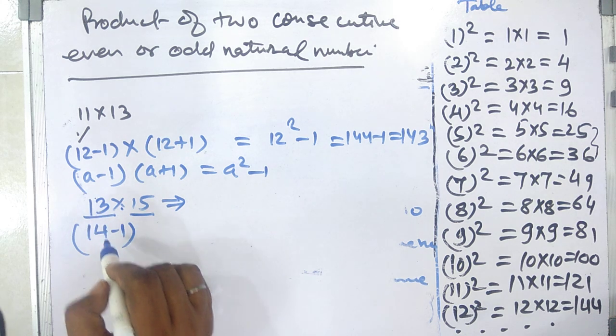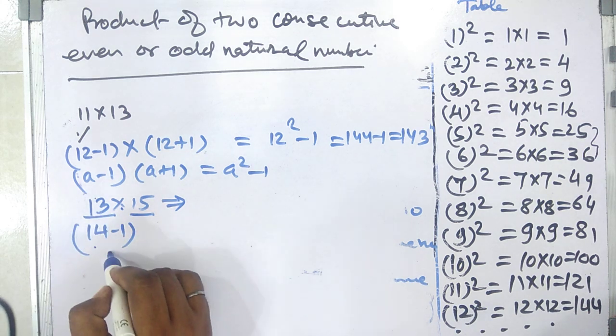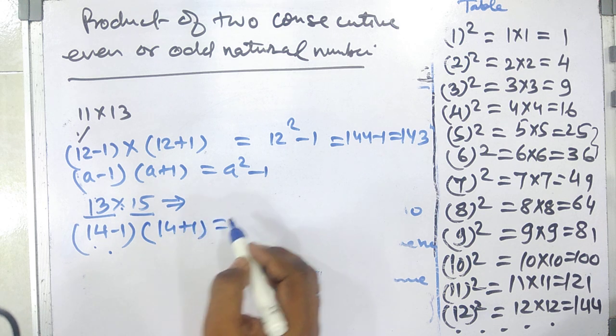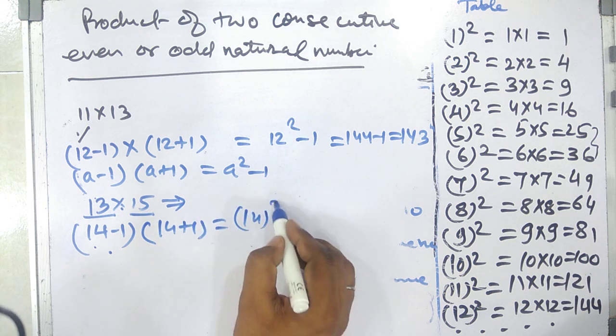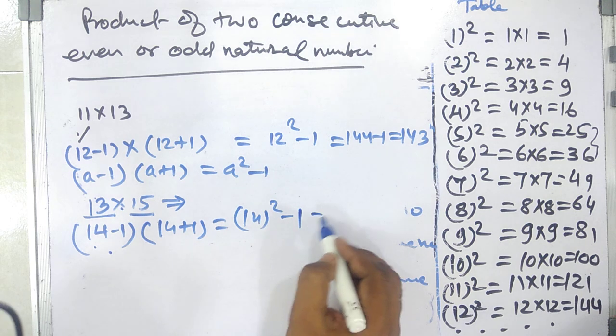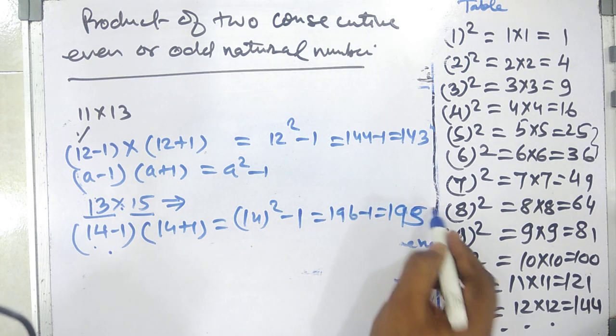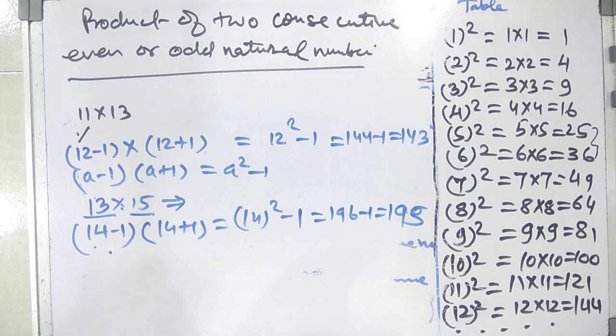So in place of 13, put 14 minus 1, and in place of 15, put 14 plus 1. This is equal to 14 square minus 1. It means 196 minus 1 is equal to 195. So find the product in this method if two consecutive even or odd numbers are given, students.